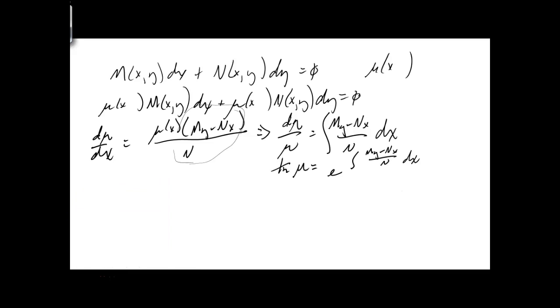That's the integrating factor. So now we do mu of x, m, still a function of x and y, times dx plus mu of x times n of x and y dy is equal to 0.